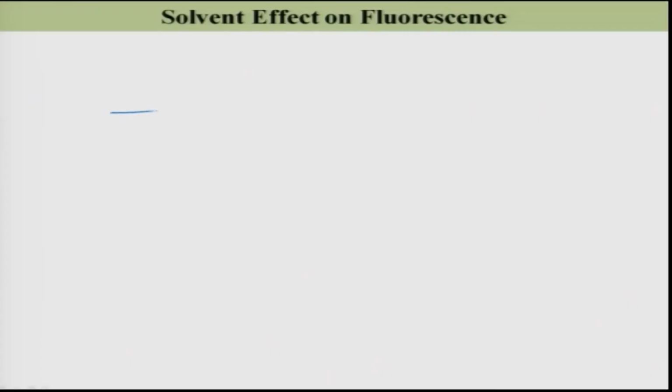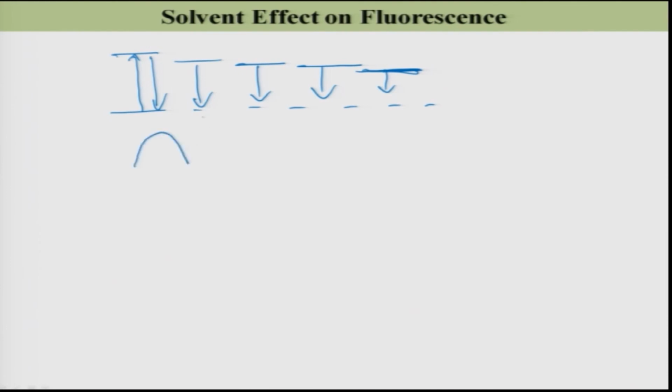When I excite my system from here to here, these are my intermediate states, and this is my final state, the fully solvated state. Every time I measure the emission like this, I will get emission spectra this way, and this will be shifted to the red side, and after some time this will remain the same.